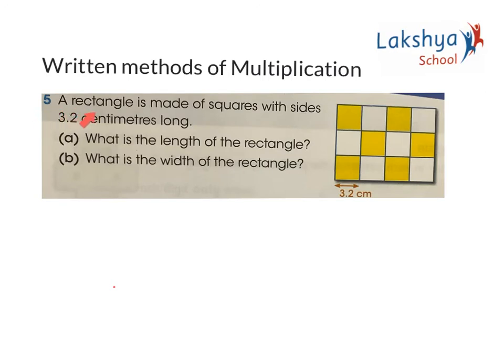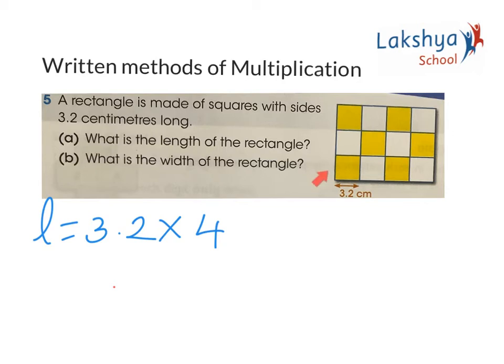Question 5. A rectangle is made up of squares with sides 3.2 centimeters long. What is the length of the rectangle? What is the width of the rectangle? So we know that one side of a square is 3.2. We see that there are 4 squares along the length. So we need to multiply 3.2 by 4 to get the length of the rectangle.